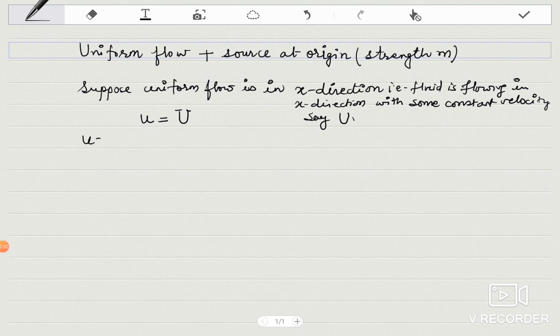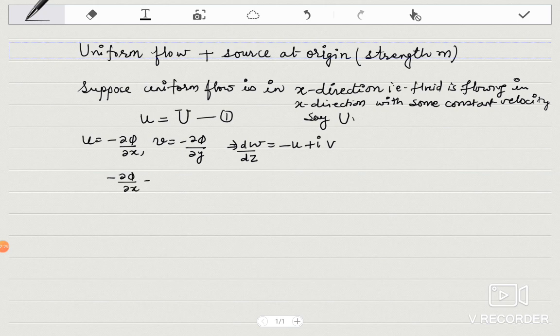Now if I assume u to be minus del phi by del x, v to be minus del phi by del y, then remember that dw by dz will be minus u plus iv. If you take it in terms of positive, its expression will change. So if u is equal to U, then del phi by del x is equal to U implies minus phi is equal to Ux plus some constant of integration, and we assume it to be 0.